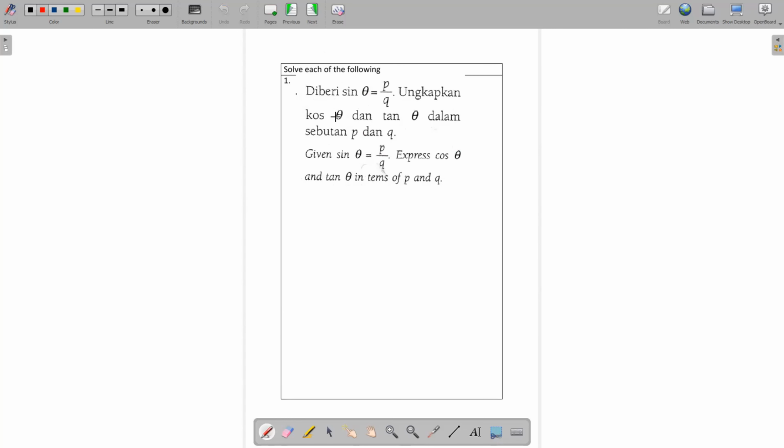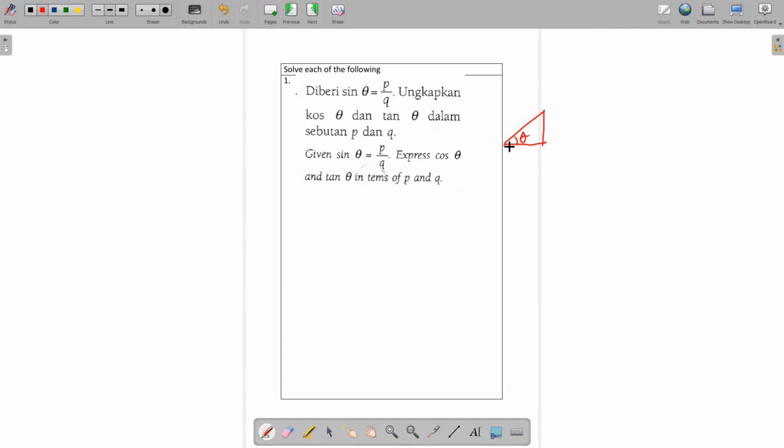So let us try some more examples. Okay, so you are given sine theta equals to P over Q. So express cos theta and tan theta in terms of P and Q. So when we have questions like this, let us draw a right angle triangle first. When you draw, you can see the whole picture.